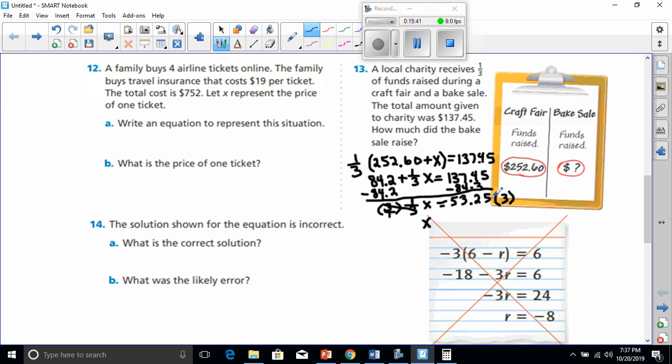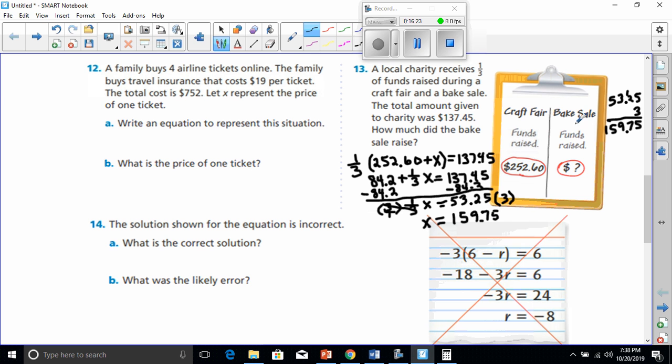So 53.25 times 3, let's work that out over here. 5 times 3 is 15. 2 times 3 is 6, so that would be 7. 3 times 3 is 9. And 5 times 3 is 15. We got 2 decimal places, so I'll put that there. That means x is going to be equal to $159.75.